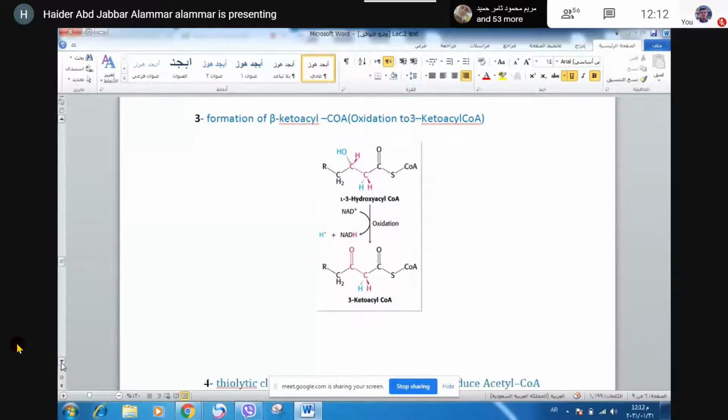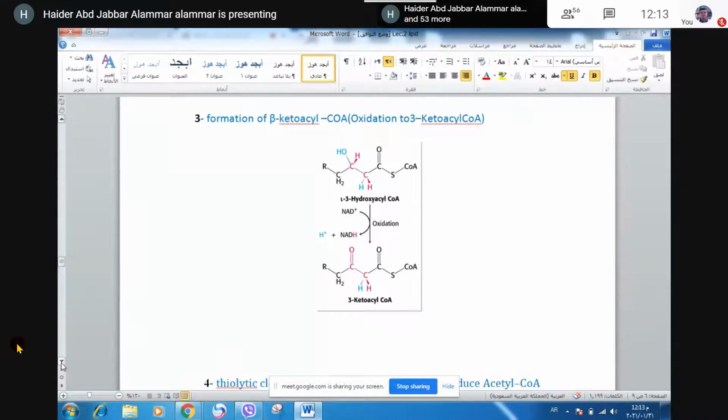Regarding step 3, after formation of beta hydroxy or L-3 hydroxyacyl coenzyme A, this is another step of oxidation. The first step and the third step of beta oxidation include oxidation of the fatty acid, which means a dehydrogenase enzyme should be available.